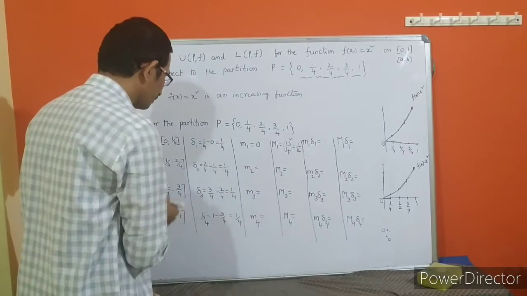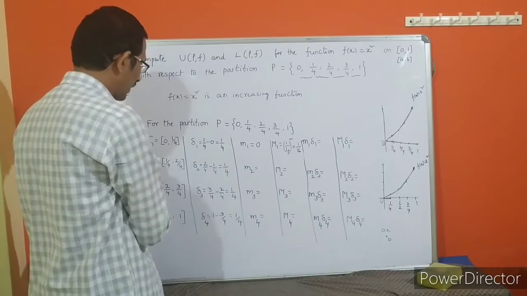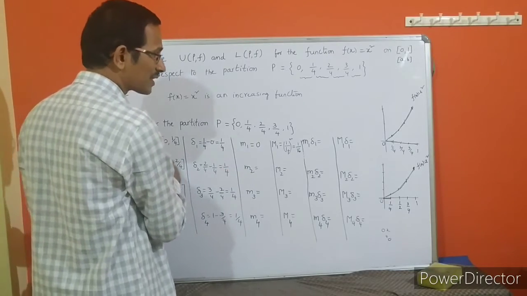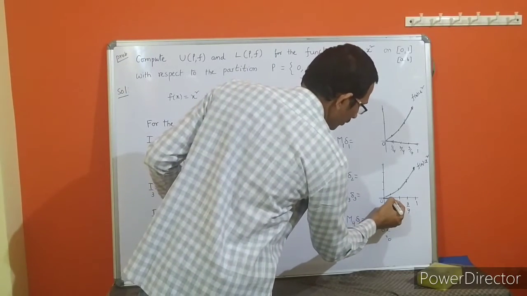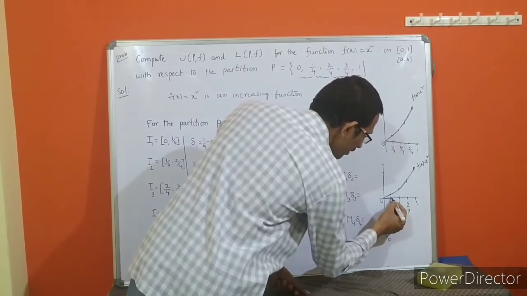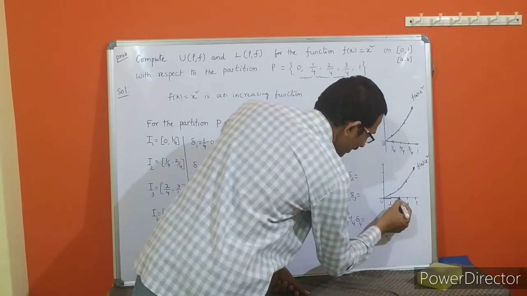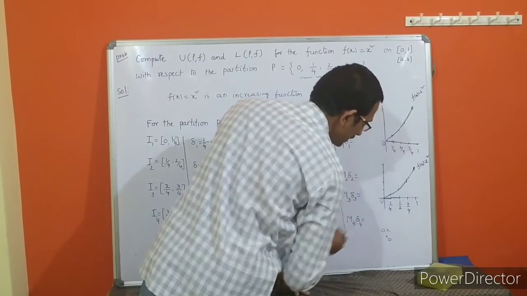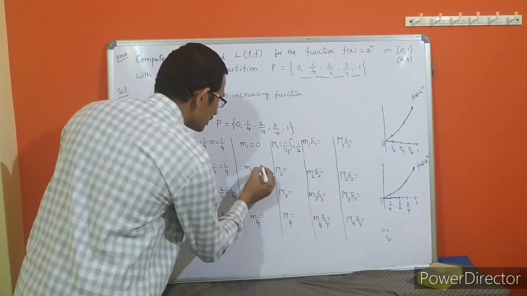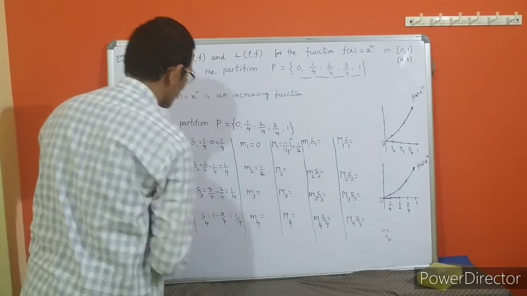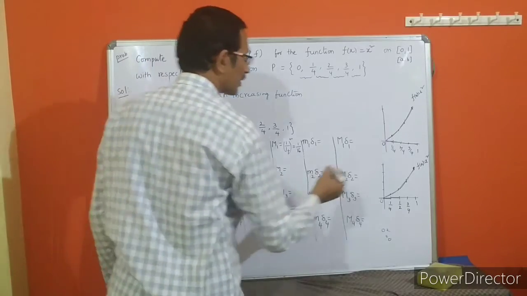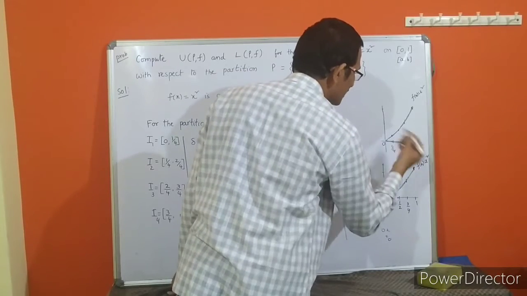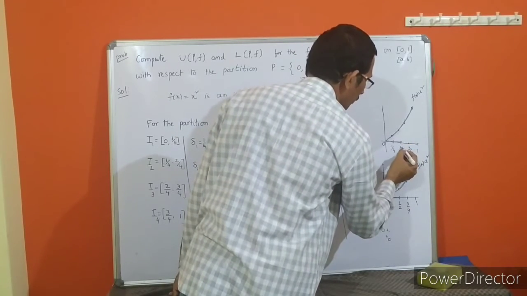Similarly, on the interval I2, small m2 is at the smallest value of x, that is at 1 by 4. That means for this interval, m2 is nothing but 1 by 16. And for the same interval I2, 1 by 4 to 2 by 4, the maximum value is at 2 by 4 or 1 by 2.